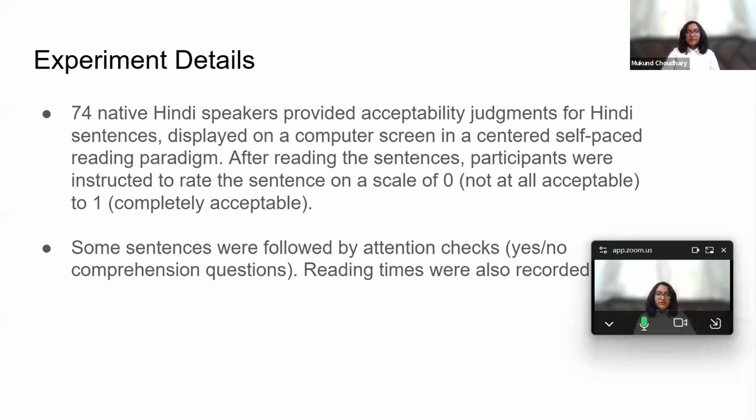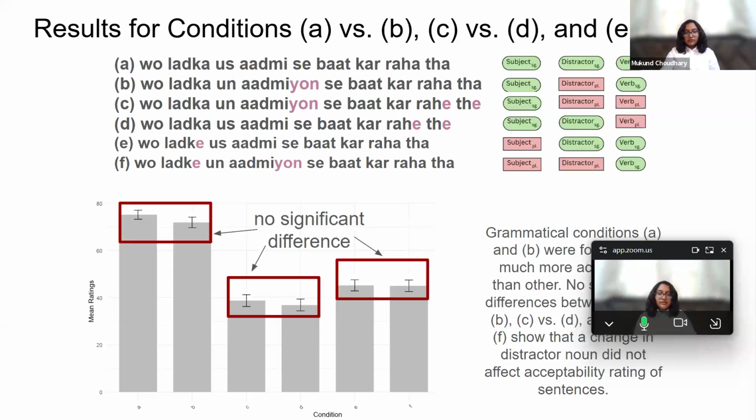74 native Hindi speakers participated in the experiment. The results showed that the grammatical conditions A and B were significantly more acceptable than other conditions. However, no significant differences were seen between A, B, C, D, and E, F. These conditions differed in terms of the number feature on the distractor noun phrase, which seemed not to have an effect on the acceptability ratings of the sentences.